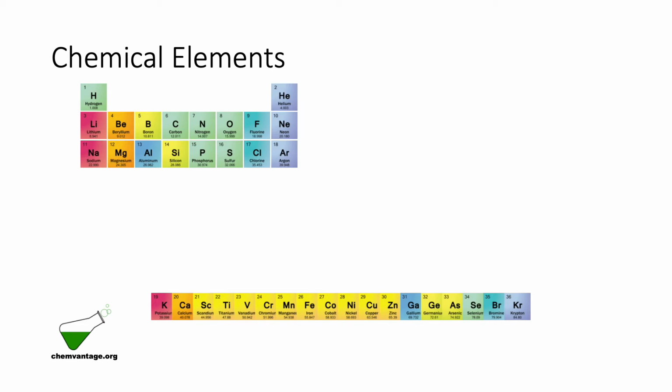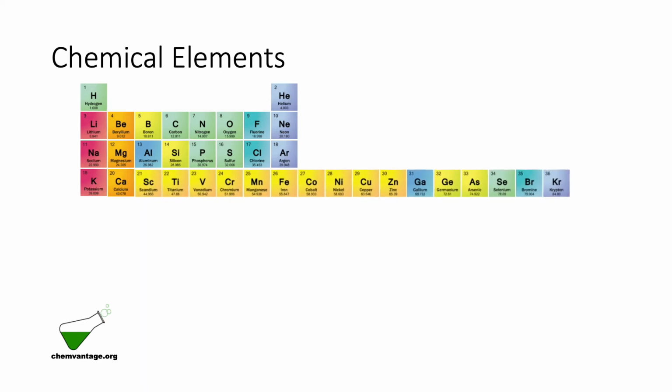Each of the rows so far starts with a highly reactive material and ends with an inert gas. The fourth row starts in the same way with potassium. Then calcium. But when we keep adding elements to this row, we don't get to an inert gas until we reach krypton, element 36.